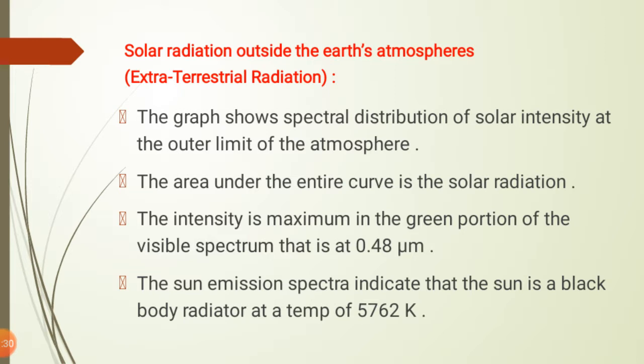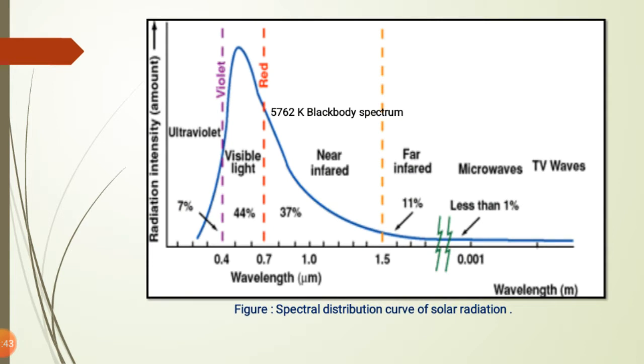So let's see. The graph shows the spectral distribution of solar intensity at the outer limit of the atmosphere. This graph shows radiation intensity versus wavelength in micrometers, and this is the spectral distribution curve for the solar radiation, which is very important for the solar spectra.